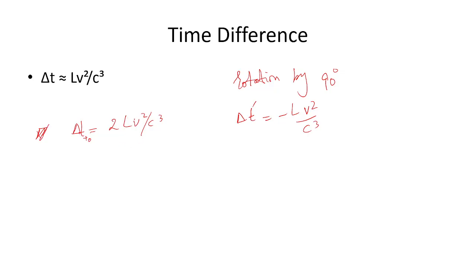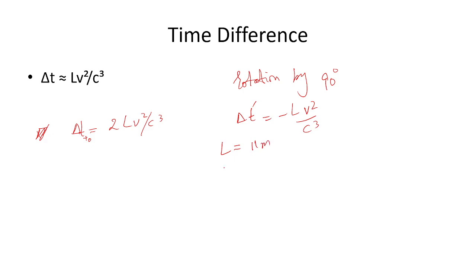One is perpendicular and one is parallel, and the apparatus is rotated during the experiment, and we get that this is the total time difference which should be recorded by the detector.